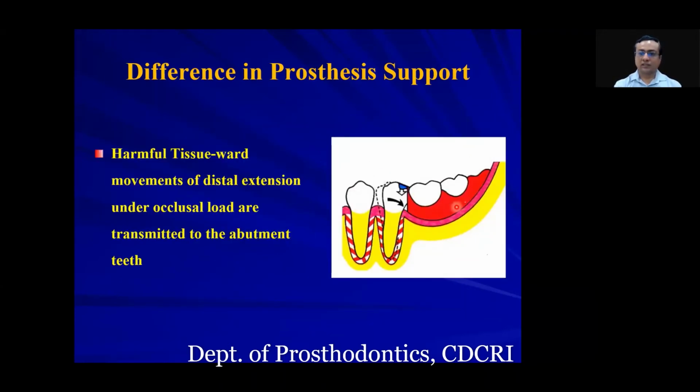So this is the way the tilting occurs. Under the occlusal force, this denture base will move down, and tilting will occur more if you have placed the rest on the distal side, that is towards the missing tooth side. Then in this direction the abutment tooth might tilt, and you will lose this tooth, which you don't want.